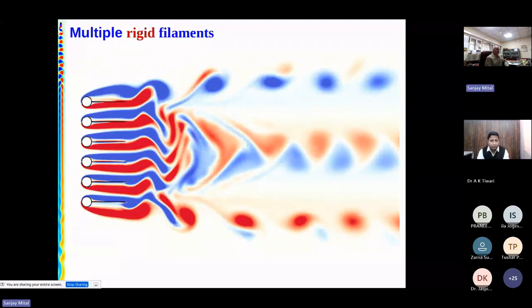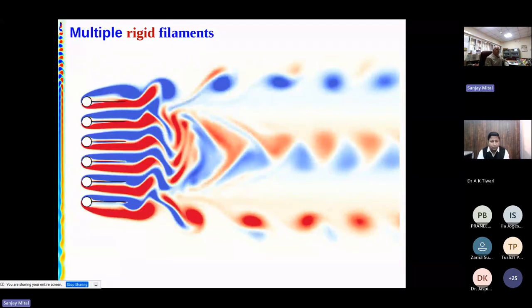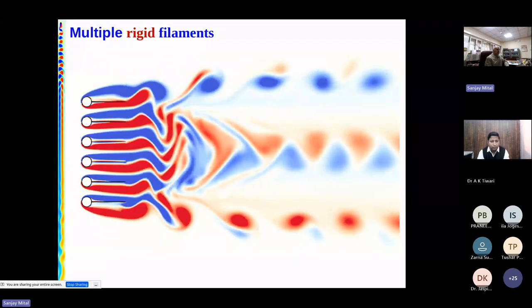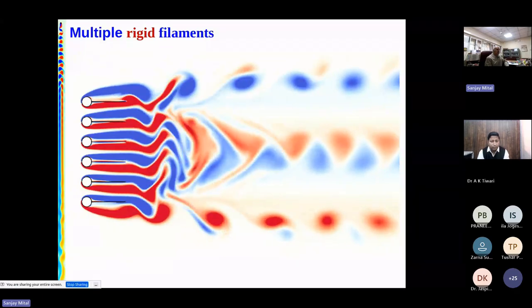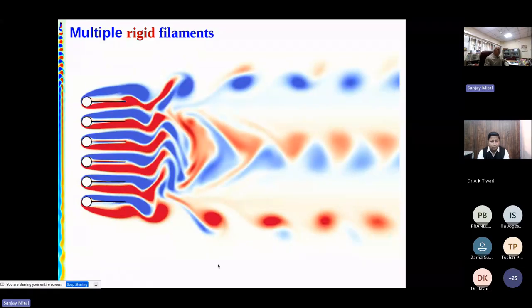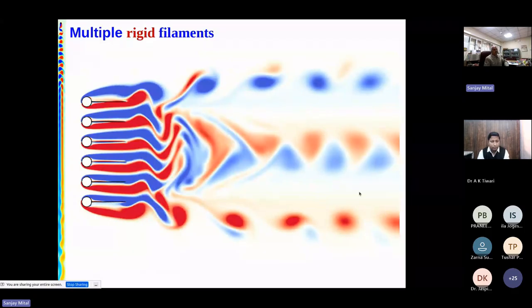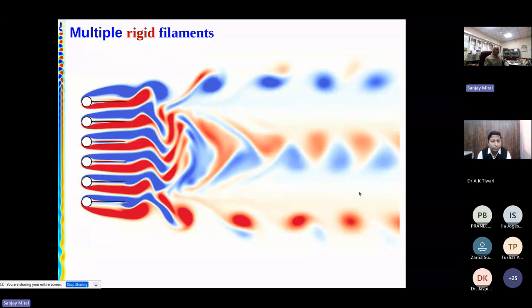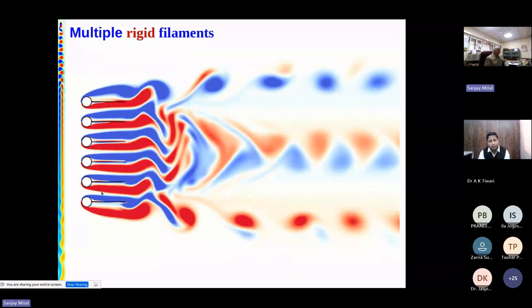So just to show you why we are interested in this, this is a flow around multiple rigid filaments. You can see a very nice flow. There is a flow in the near wake, and then it reorganizes itself into these nice vortices far away. And now the question you ask is, what if these filaments are flexible and they could vibrate?